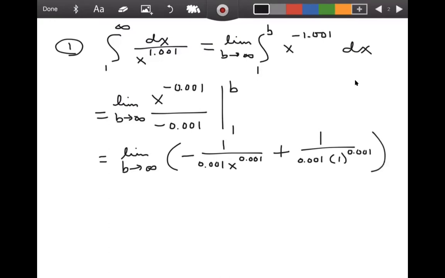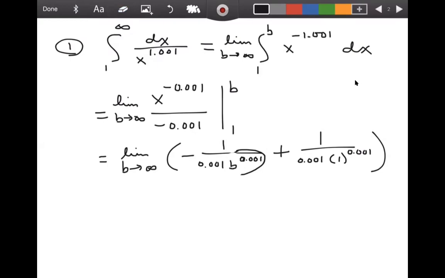All right, well, as b increases without bound, let's think about what this does. This is a great big gigantic number to the power 0.001. That is still going to increase without bound, all right? Think of that as the 1,000th root of b. I'm so sorry, I plugged in b, I should have a b there. There we go.